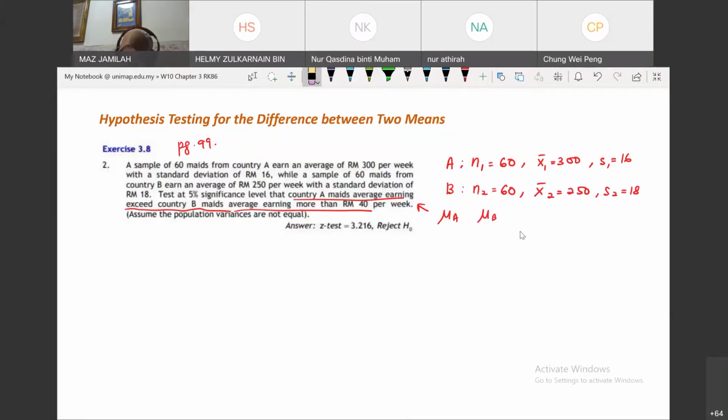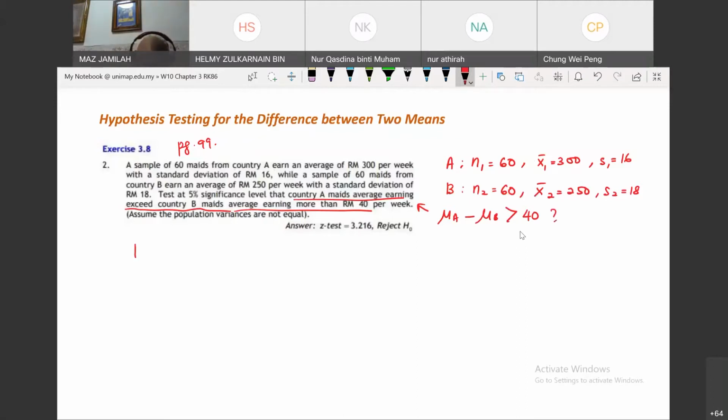The way you write it can be: mu A minus mu B is greater than 40. When you deduct the average earning of country B from country A, you should get more than 40 per week. So this needs to be checked.